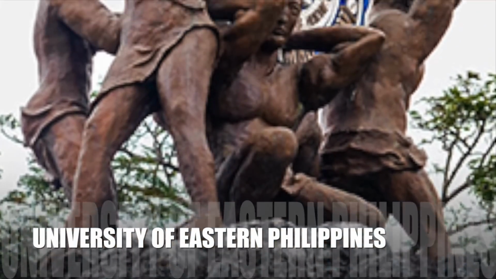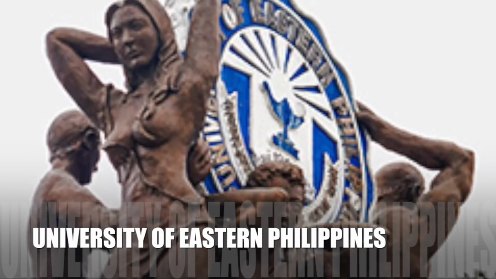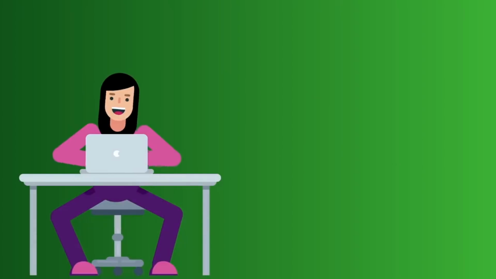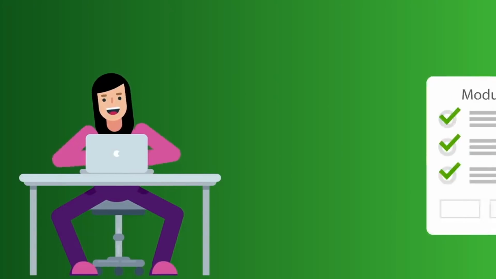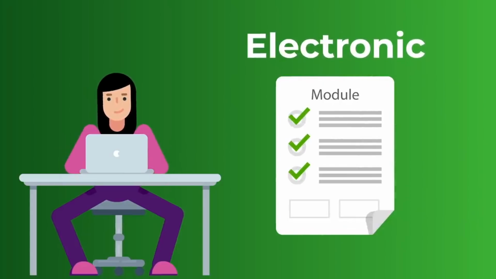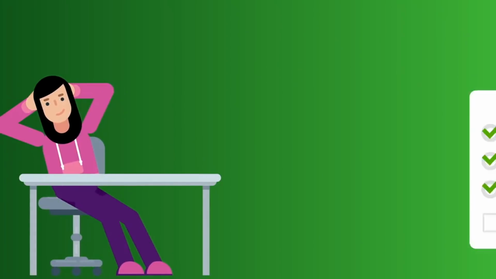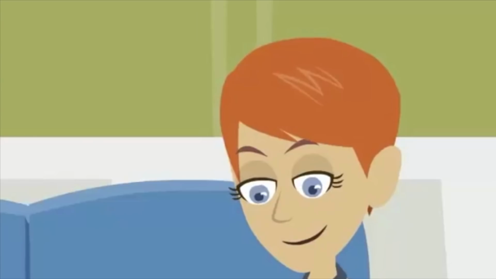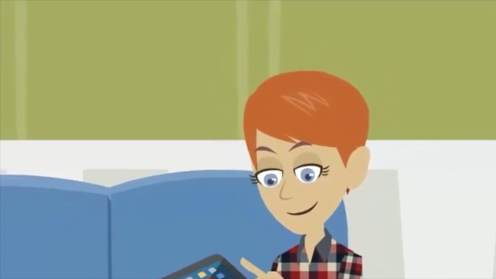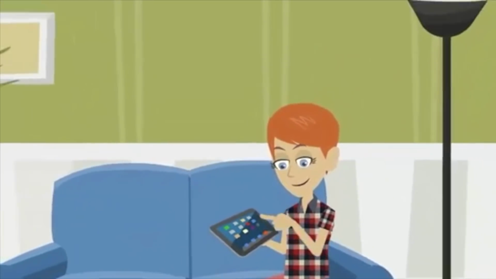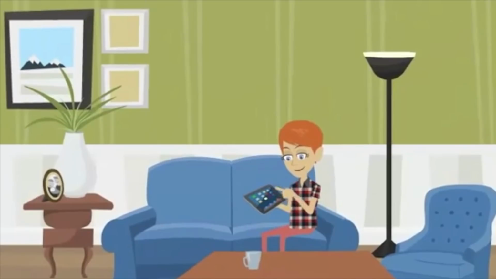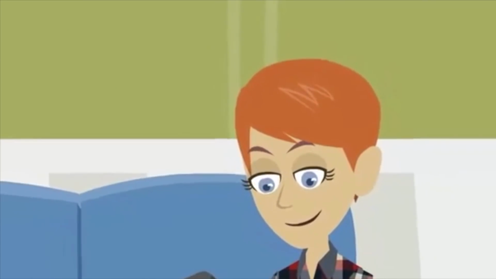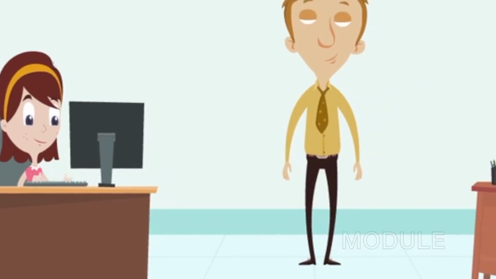In the University of Eastern Philippines, the flexible learning mode is a combination or blending of a module-based learning management system or LMS and printed modules. The department chair will release the class list assigned to the faculty. The faculty will now notify or communicate with his or her students as to the student's learning mode preference between Moodle and Module.